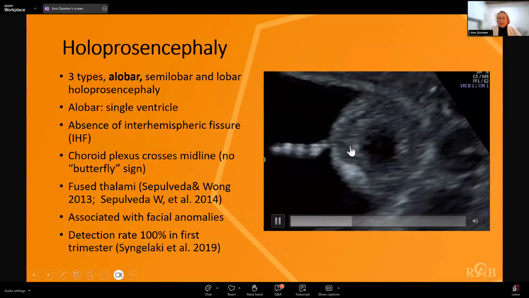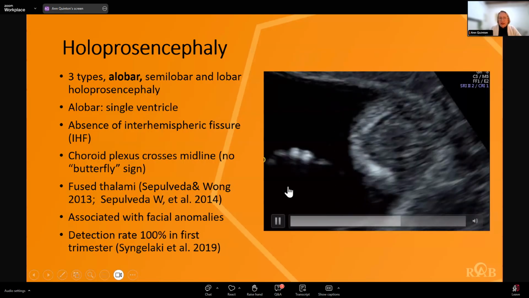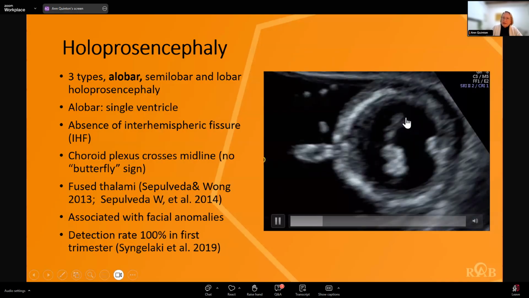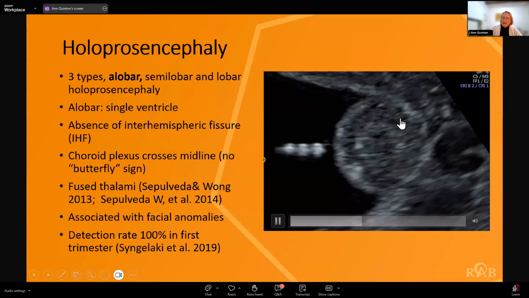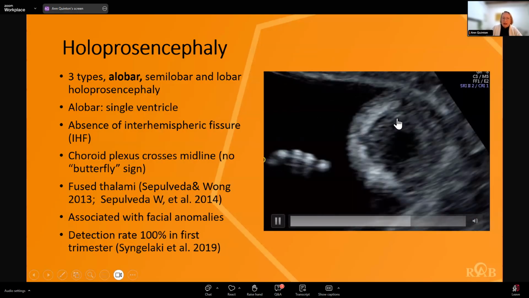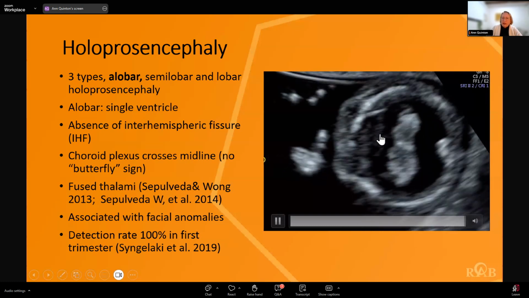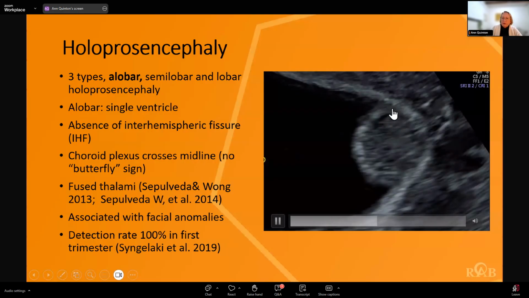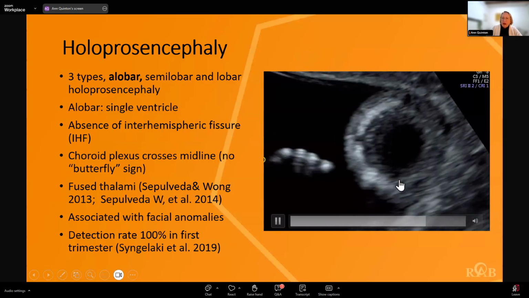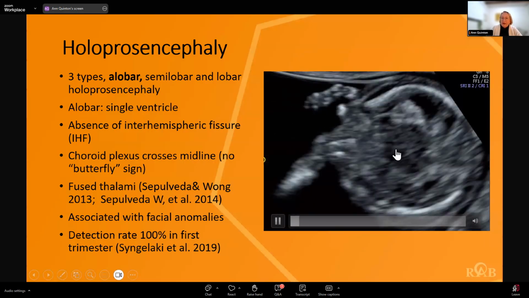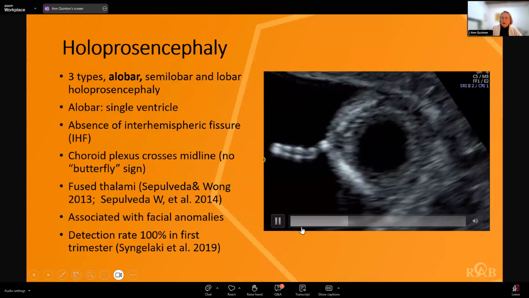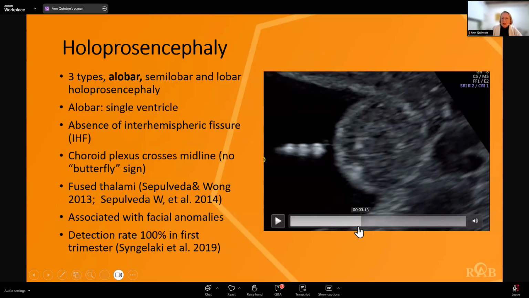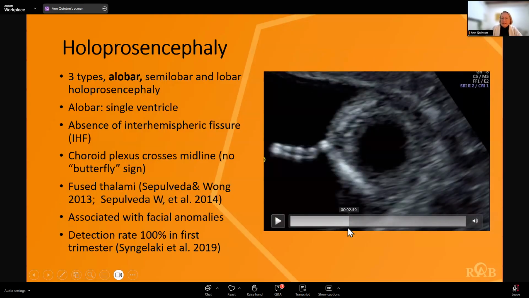There's absence of the interhemispheric fissure, and the choroid plexus has no butterfly sign, and you can see that it's crossing the midline here. So, well, there's no midline, but it's crossing over and joining up on the two sides of the brain. And there's a single fused thalami. So if we come back through that, that's the single ventricle.